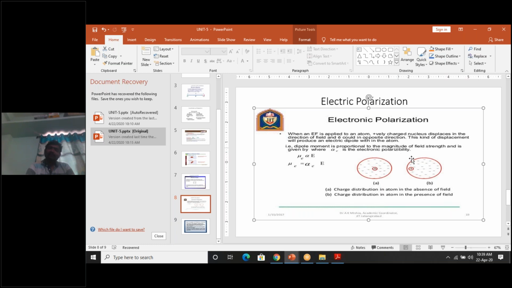So this positive charge will get displaced in the negative x-axis direction. Similarly, these negative charges will get displaced in the opposite direction, quite opposite to the positive charge. Now what happens is the center of positive charge and the center of negative charge get displaced from each other.